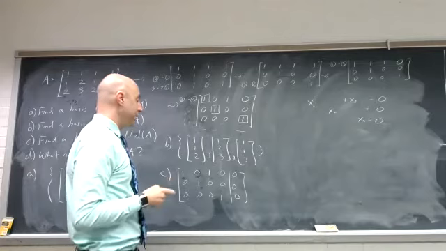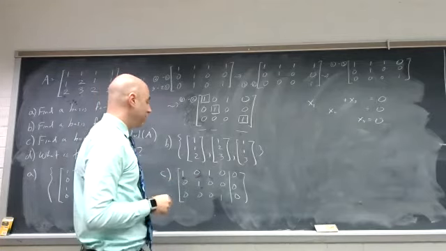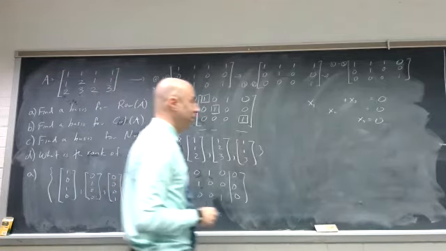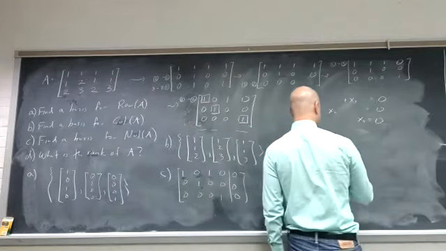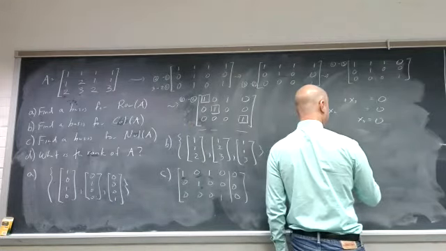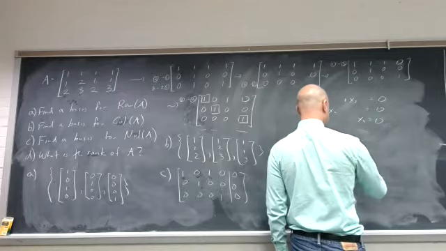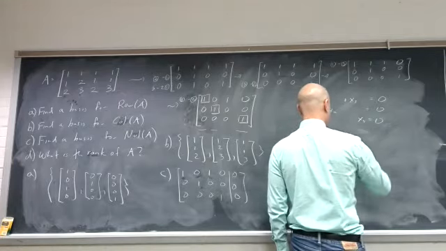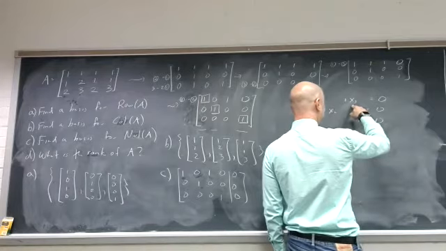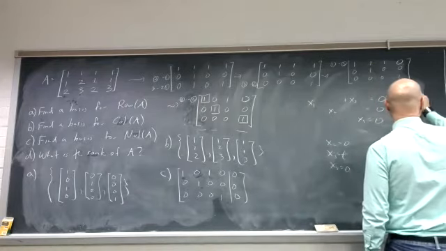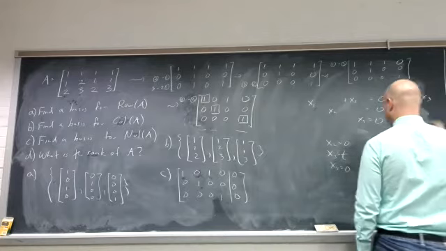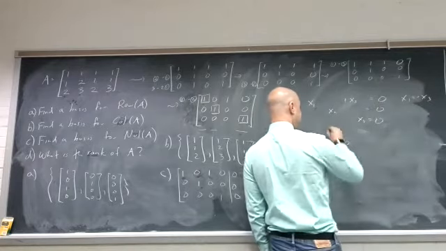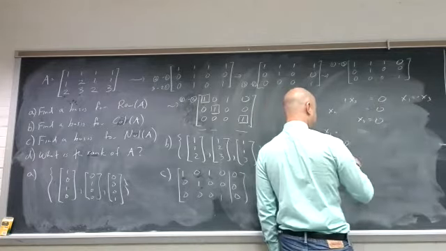So I have one free variable, that's x3, the only column without a pivot position. So let's let x3 equal t, x2 is 0, x4 is 0, and x1 is minus x3, so x1 equals minus t.